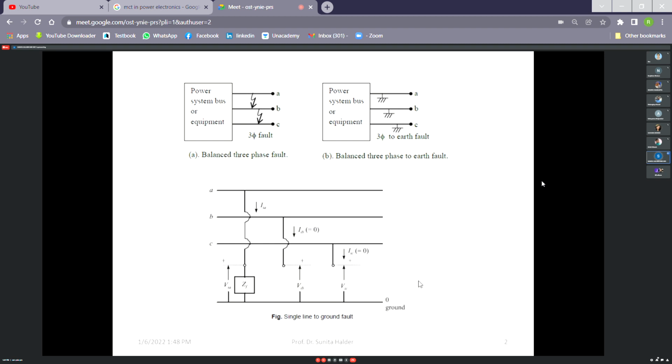But the Ferranti effect is rare because every time attention is given that load should be connected. Because if load is not there, then the economy of the system will be disturbed. But when load is there, then there is lesser chance of high voltage.